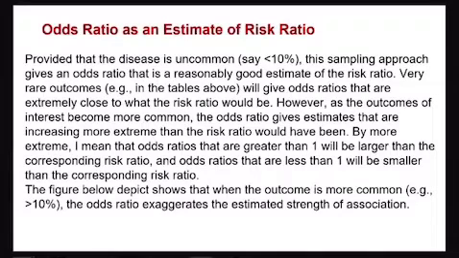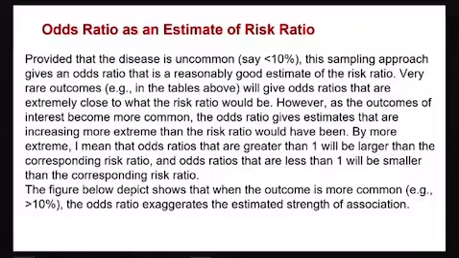Now, any question before I go to odds ratio as an estimate of risk ratio? Do you know that we have a situation where the odds ratio can also be misleading, despite its efficiency over the cohort study?